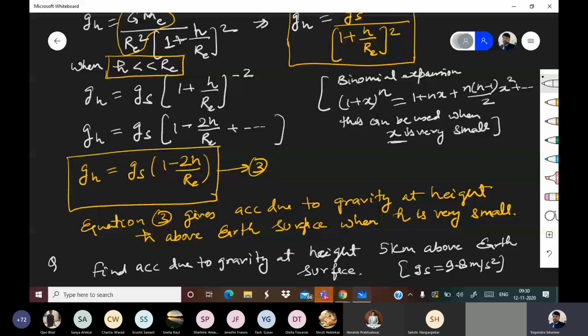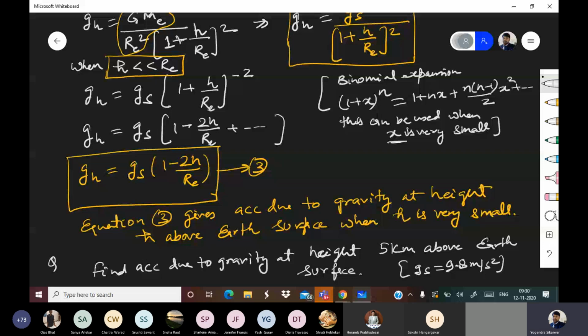All right. This will be 9.8 into 1 minus 2 into h, h is 5, upon RE is 6400. Both are in kilometers, so kilometer will get cancelled. So that becomes 9.8 into 1 minus 1 upon 640.